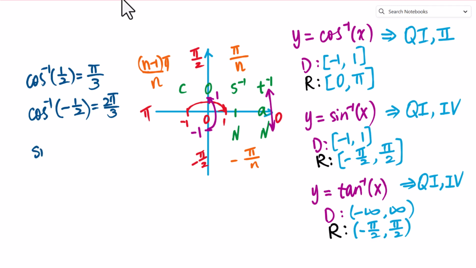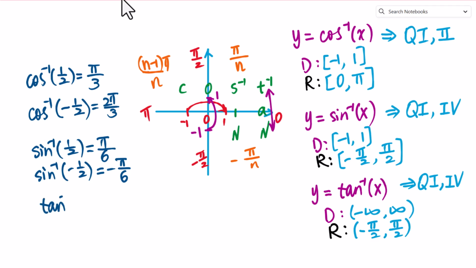Inverse sine of 1/2 equals pi over 6. Inverse sine of negative 1/2 equals negative pi over 6.